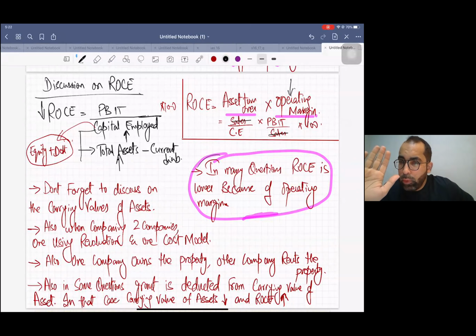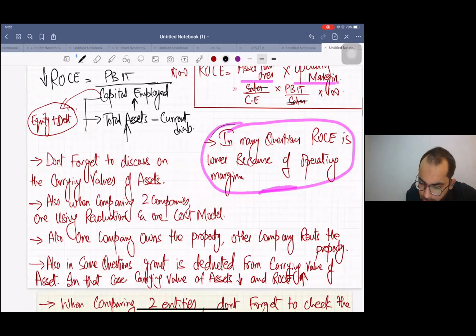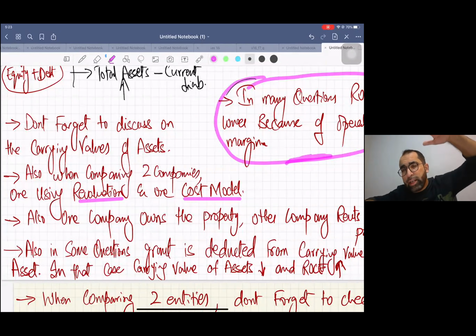Now wait, I'm going further with this point. Also, when comparing two companies, one using the revaluation model and one using the cost model, you know this. You are no more kids, please, you are doing revision now. One company is using the revaluation model and one the cost model, and market prices are higher.